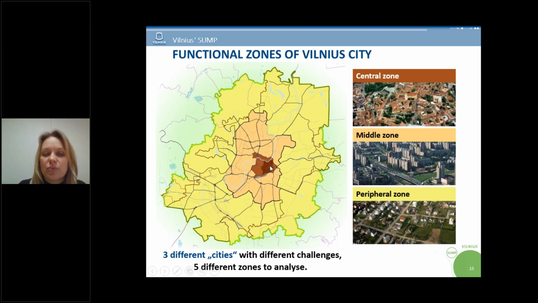So the most important and the most sensitive, of course, is the historical city center, the old town, then the central zone, then the middle zone with high density of residents, then the rest of Vilnius with private housing and industry and airport and so on is another zone, and the zone of like 20 kilometers radius from Vilnius boundaries was also taken into account, because commuting is really challenging for Vilnius, as I think most cities are feeling the same.